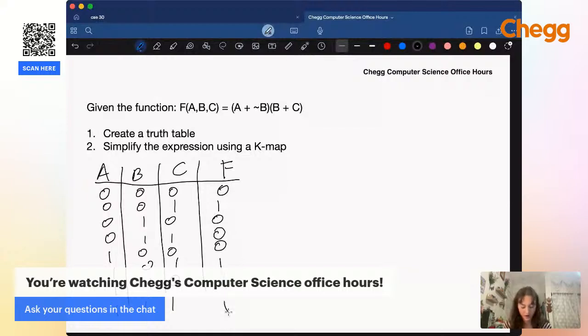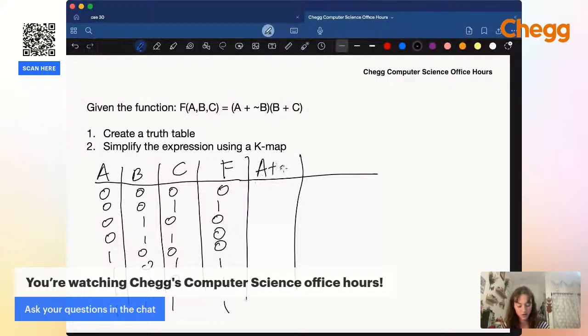Okay. And how I got this is I checked to see. Actually, I'm going to add it to the truth table because I'm sort of doing it in my head, but I also make mistakes super easily. So it helps to just put the expressions here.